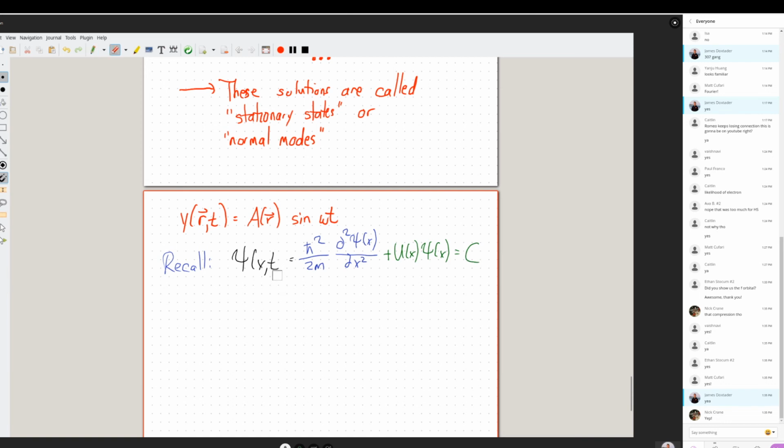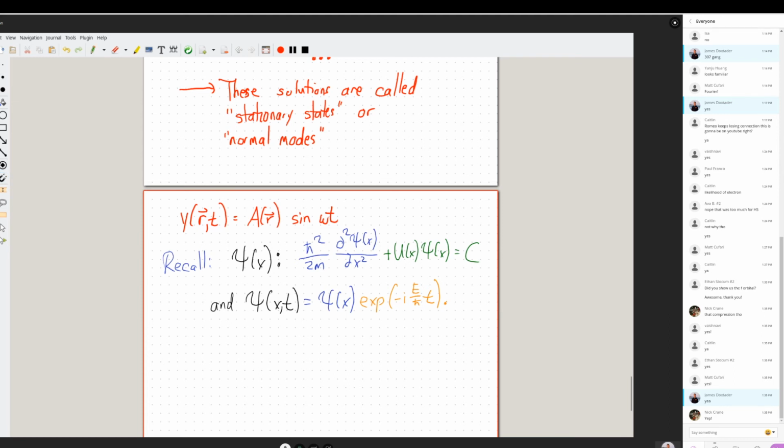Whoops. Sorry. This was our spatial piece of the wave function, and the whole thing, depending on position and time, was the spatial part multiplied by this piece that depended only on time, exp of minus i energy over h bar times t.